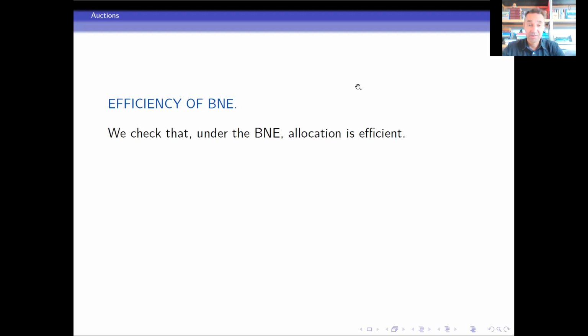So we can check that indeed we have what is called ex post efficiency. So given a realization, V1, V2 up to Vn, we know how people bid. And then the question is, do we allocate now to a person with the highest valuation? And the answer is yes. Why is that? Well, because we allocate to the one with the highest bid, right?